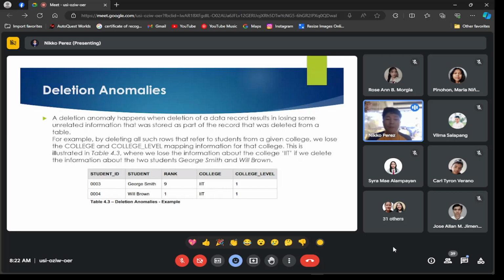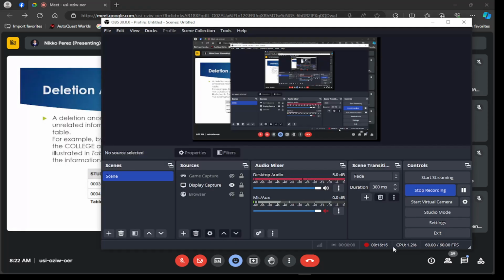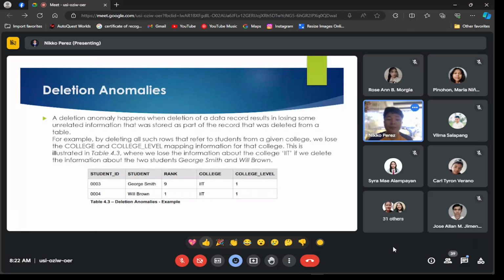For example, by deleting all such rows that refers to students from a given college, we lose the college and college level mapping information for that college. This is illustrated in table 4.3 where we lose the information about the college IIT if we delete the information about the two students, George Smith and Will Brown.